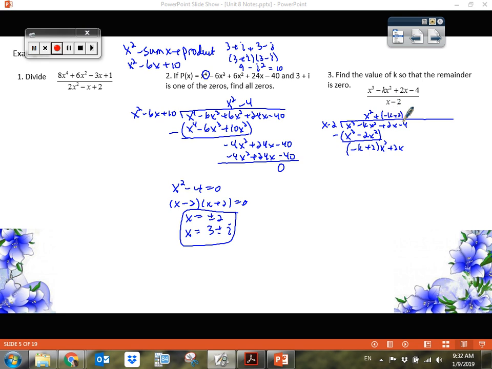Minus k plus 2 times x is minus k plus 2 x squared. Minus k plus 2 times negative 2 is minus 2 times minus k plus 2, let's get this in, x.